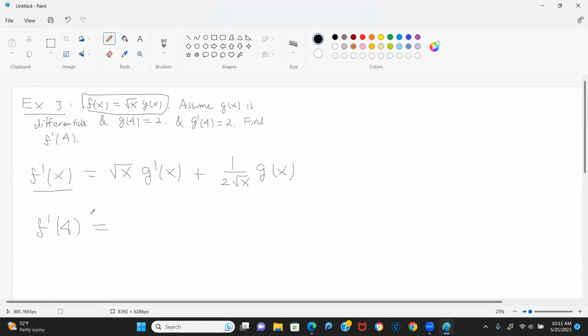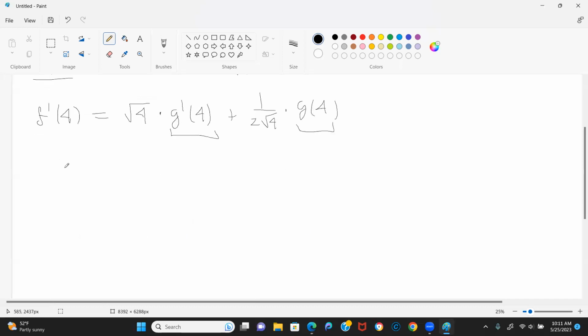So we want to evaluate the derivative at 4, so we get square root of 4 times g prime of 4 plus 1 over 2 square root of 4 times g prime of 4. And we're given these two quantities right here, so we can actually just evaluate that. So we get square root of 4 is 2, and then we're told that g prime of 4 is 3, so 2 times 3.